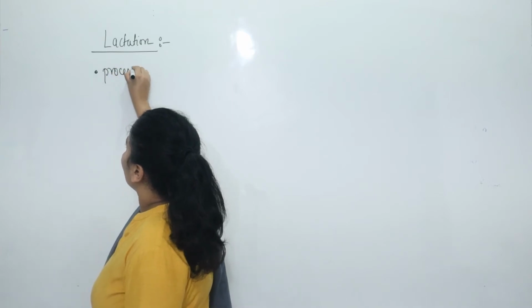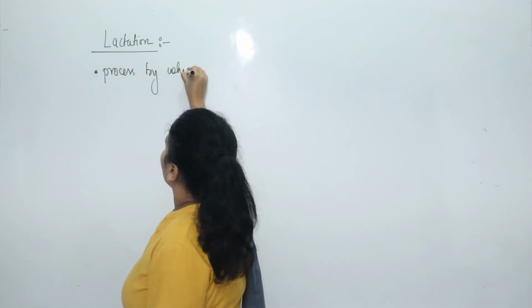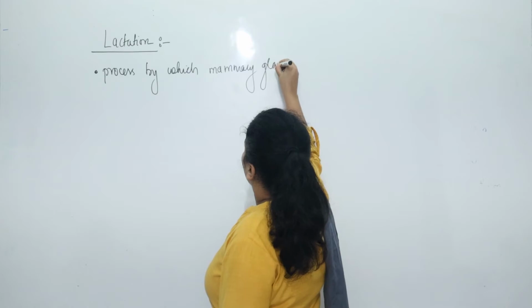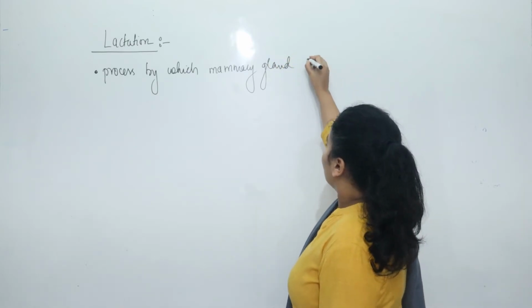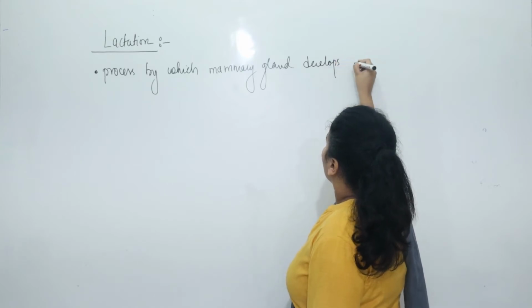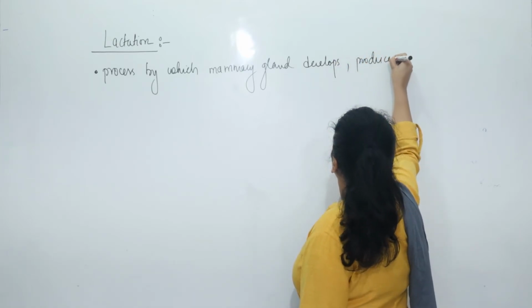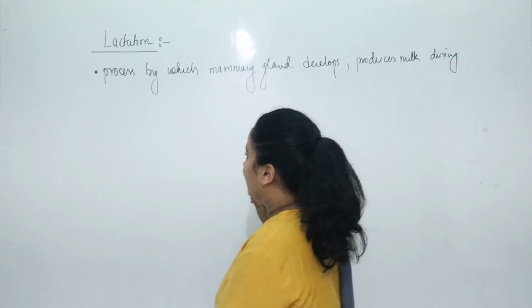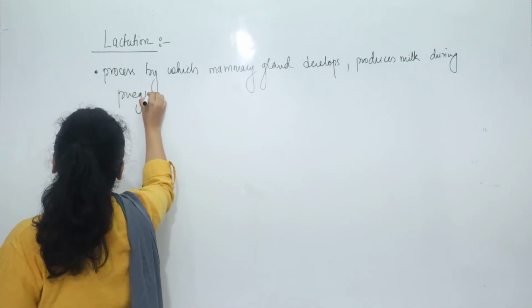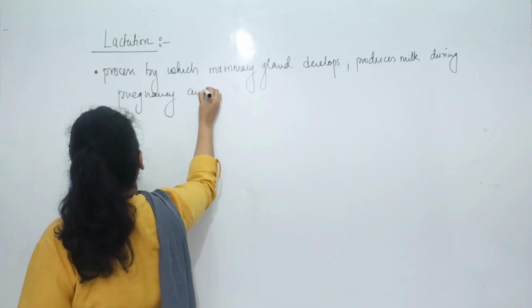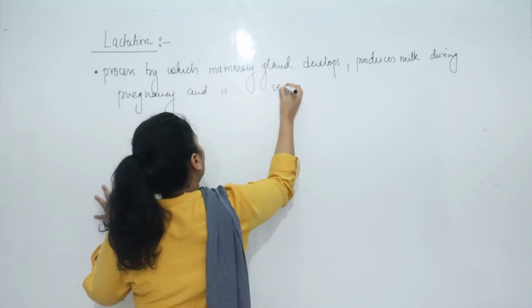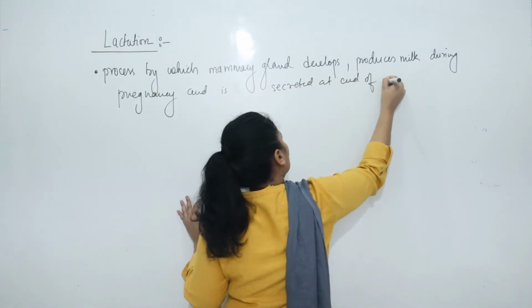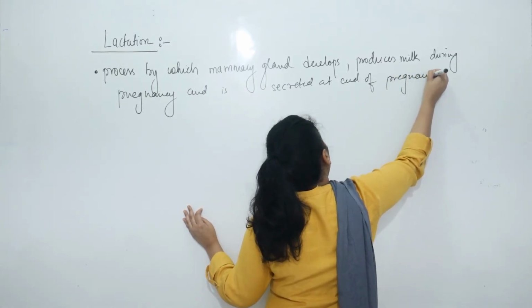It is a process by which the mammary gland develops, produces milk during pregnancy and the milk is secreted at the end of pregnancy.